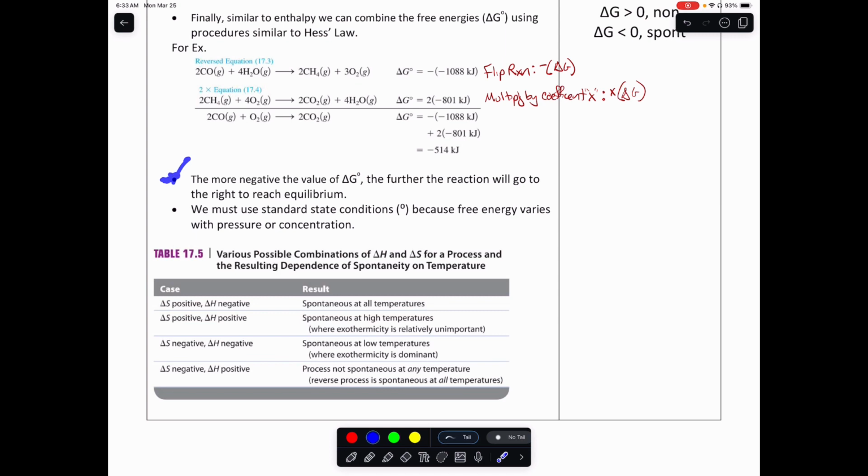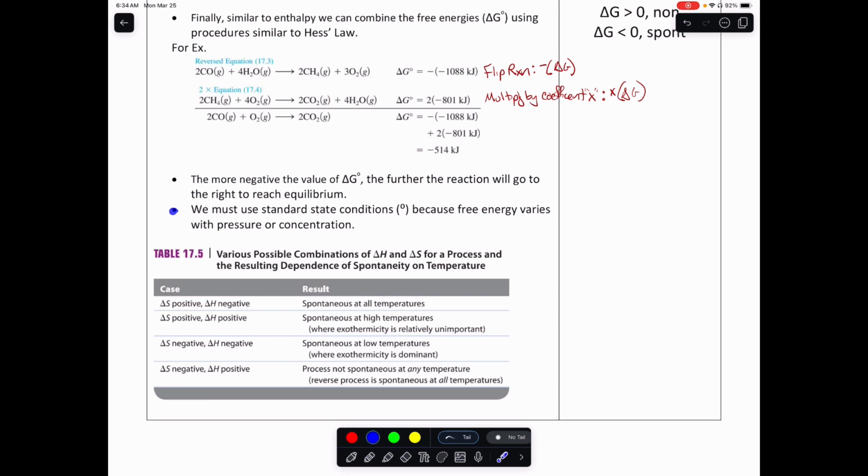There'll be even fewer reactants left at the end of the reaction. It will virtually go totally to products. And that trend continues. The more negative the delta G becomes, you'll see fewer and fewer molecules of reactants existing because they have converted into products.